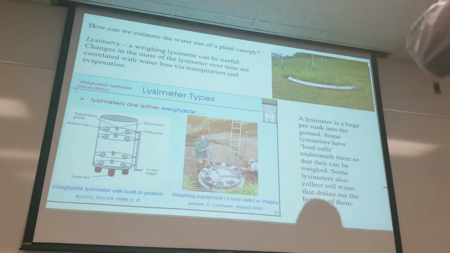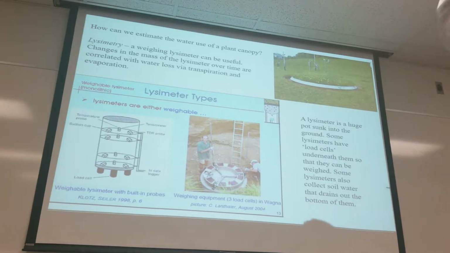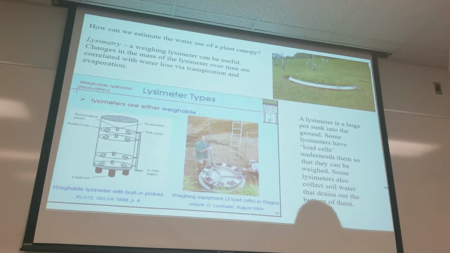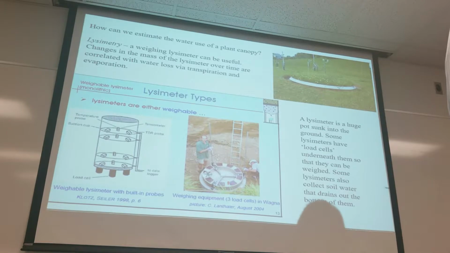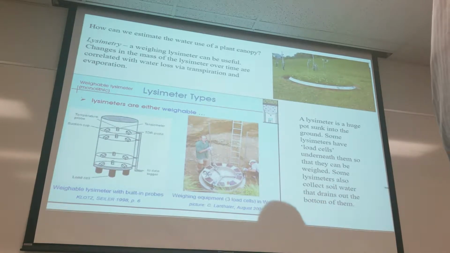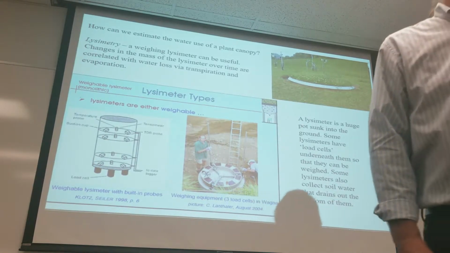So we would install these every day and weigh them the next day, and then install new ones. It works, and it's a way you can do it. But it's pretty labor intensive too.